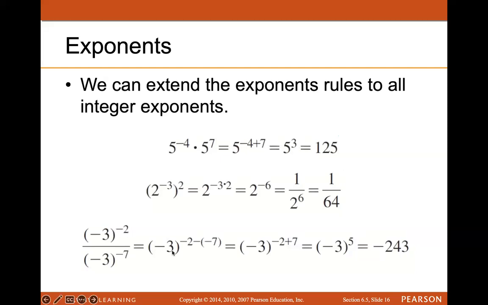We're going to get negative 3 to the power negative 2 minus negative 7. Remember, when you subtract integers, we talked about that meaning add the opposite. So negative 2 minus negative 7 is the same thing as negative 2 plus 7. So this is the fifth power of negative 3, which comes out to negative 243.